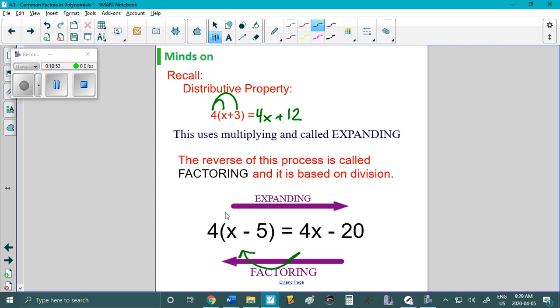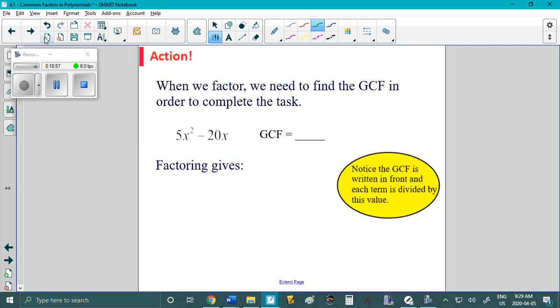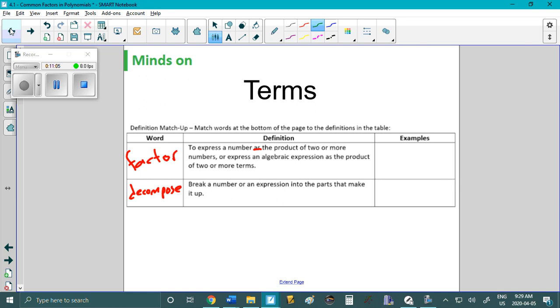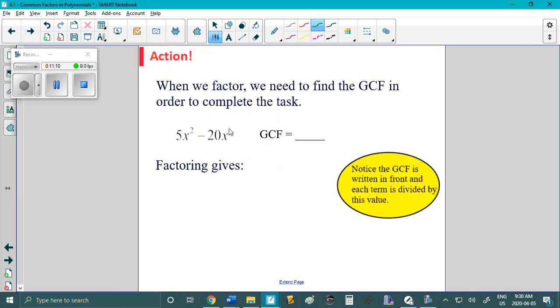Okay, so if we expand by multiplying, we're going to factor by dividing. And so dividing is going to be at the core of what we do today. So when we factor, the first thing we need is the GCF, or the greatest common factor.